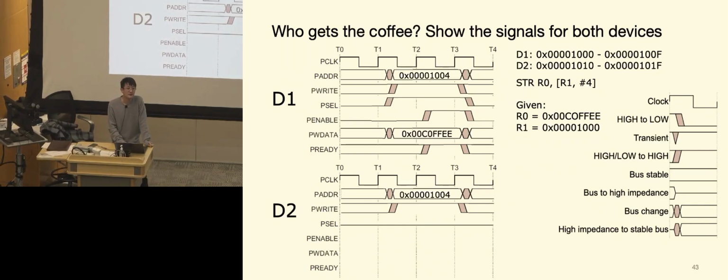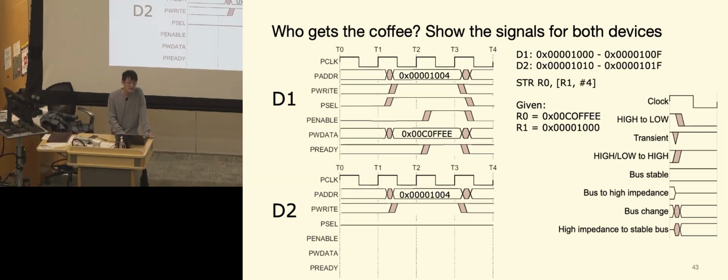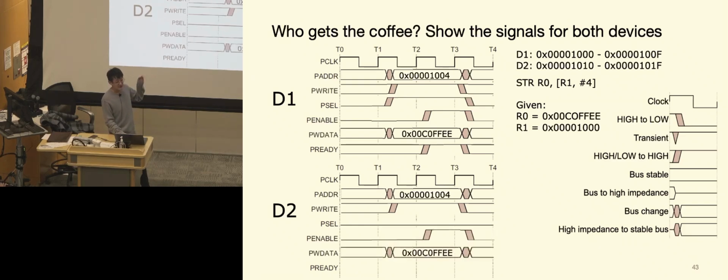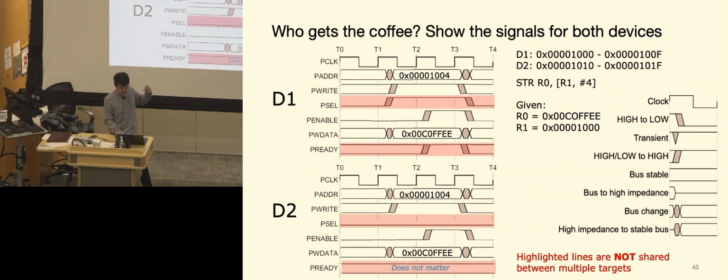Did all of them receive a write because it was a store instruction, in the same way that they all received the same address? Exactly. And then the enable is also a pin that connects to everyone. The data, same here, connects to everyone. And the P-ready practically doesn't care. Whatever comes in, comes out. And all these highlighted ones are individually assigned to each of the completers or slaves.